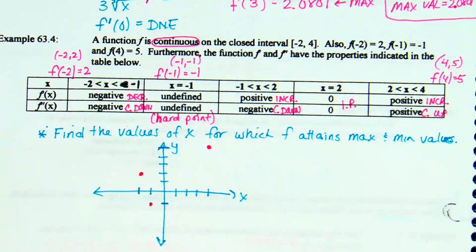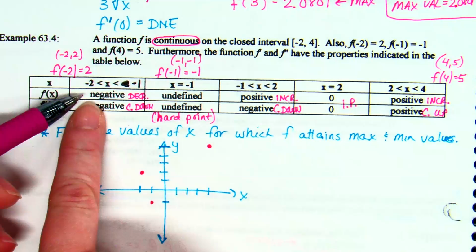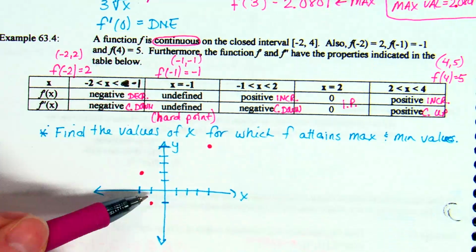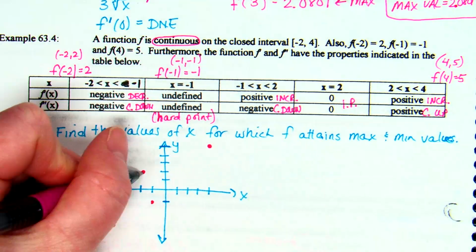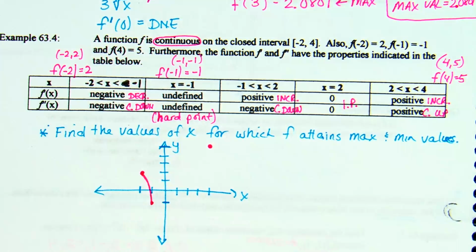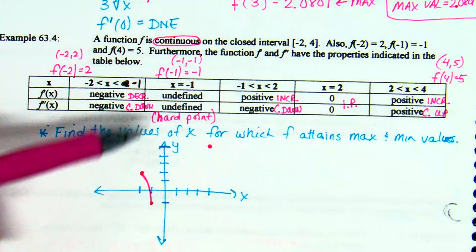Okay, so in my interval from negative 2 to negative 1, my graph is what? Decreasing, going down, which makes sense, doesn't it? And it's concave down, which means it is kind of bowled that way, so that my concavity is down. I said at negative 1, it's a hard point.